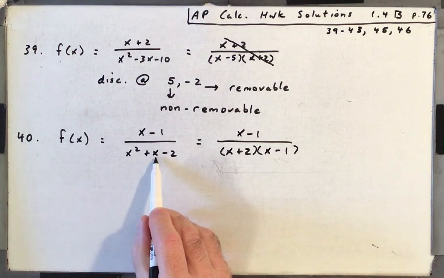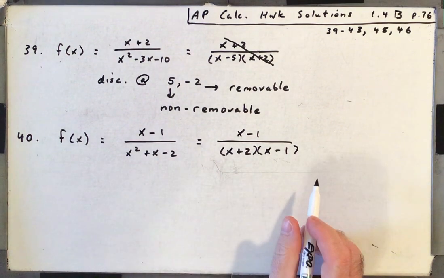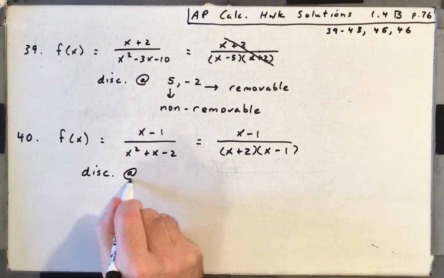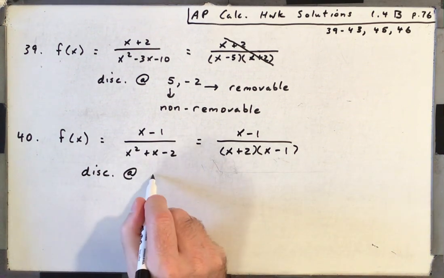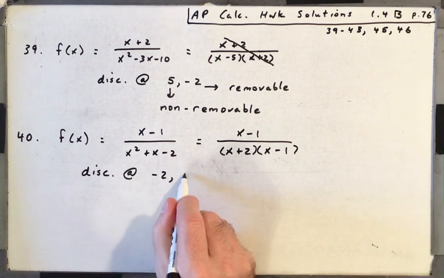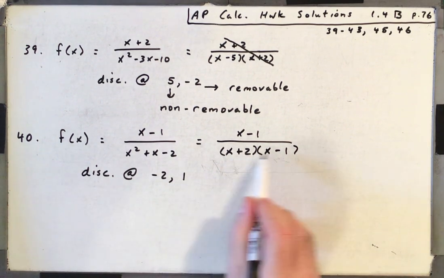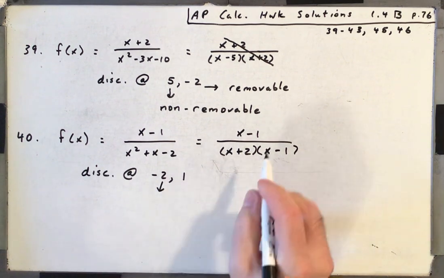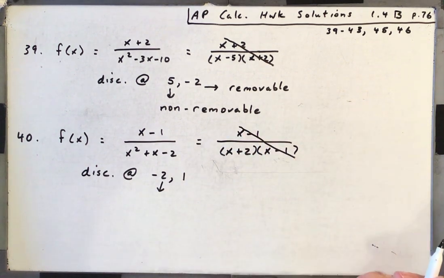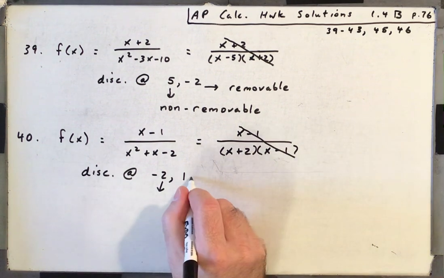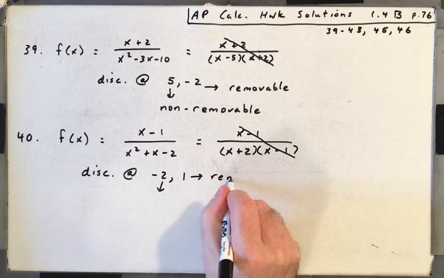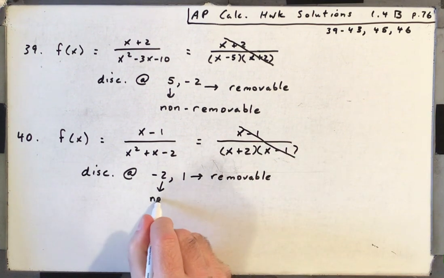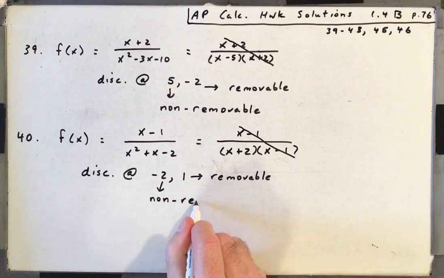That'd give us a positive x in the middle and then a negative 2. So our points of discontinuity occur at negative 2 and positive 1, right? Because that's what makes the denominator 0. Negative 2, we can't cross that out. We can only cross out x minus 1. So 1 is removable, but negative 2 is non-removable.